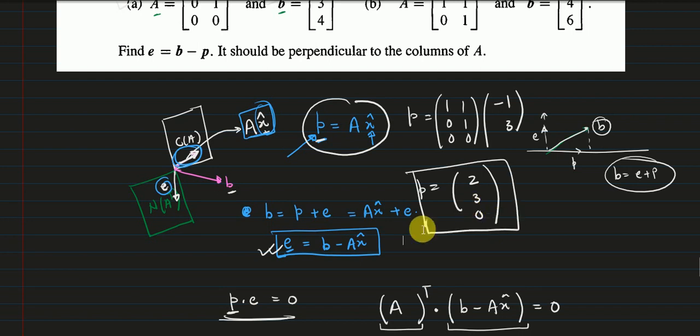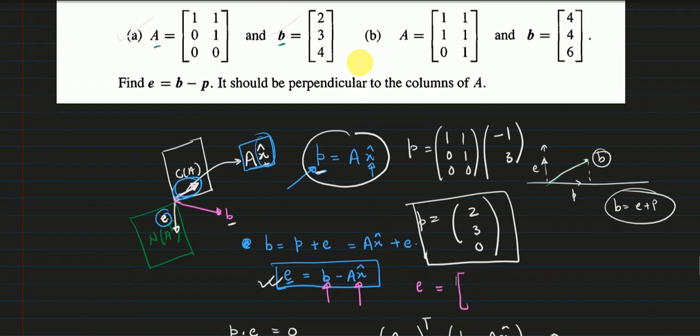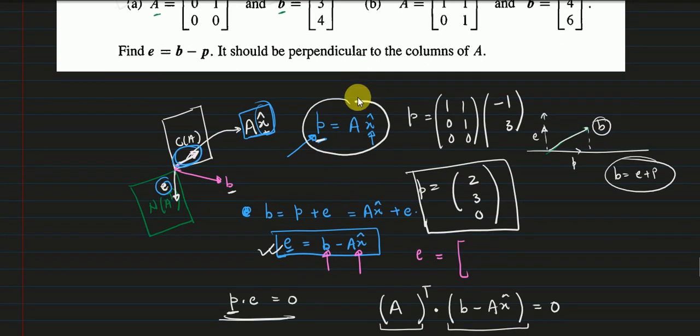Now if you have to find this E, how you can find this E? Since we know B and we know this P also, right? So E will be nothing but B minus P. So B is in the question 2 3 4, and P we have found 2 3 0.